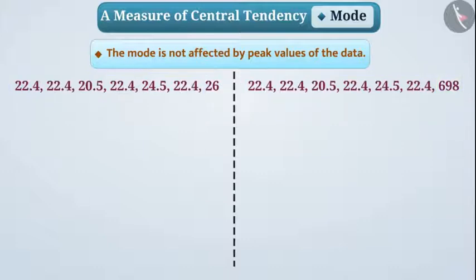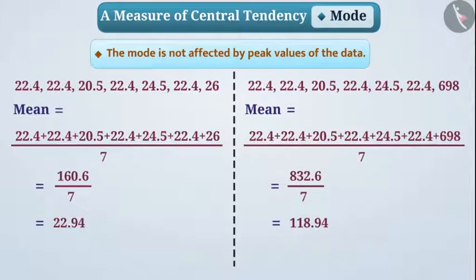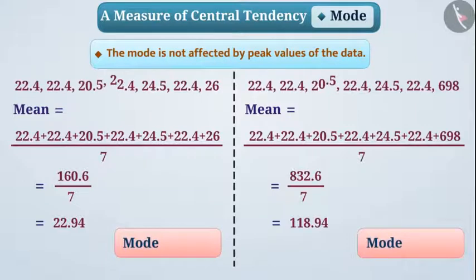If we find the mean of each group, we see that due to extreme value 698 in the other group, changes are taking place in the mean. If we find the mode of these 2 groups, then it is 22.4. You can see that mode is more suitable here than the mean to represent the central tendency.